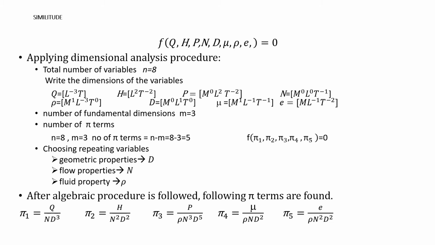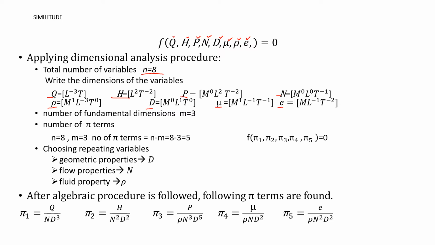In this example, I have considered 8 variables: 1, 2, 3, 4, 5, 6, 7, 8. So the number of variables is 8. Let us write the dimensions for all these 8 variables. I have written the dimensions for all 8 variables. If you look at the dimensions, all the variables contain 3 fundamental dimensions.